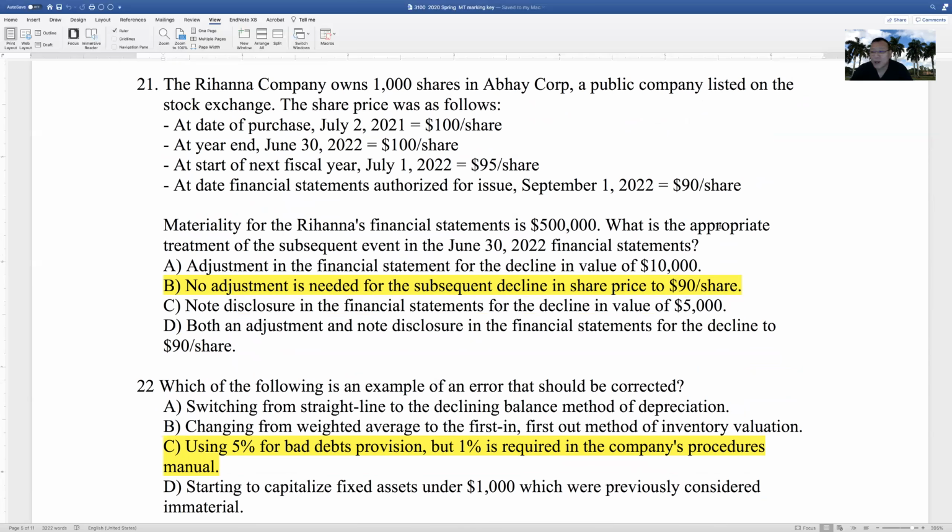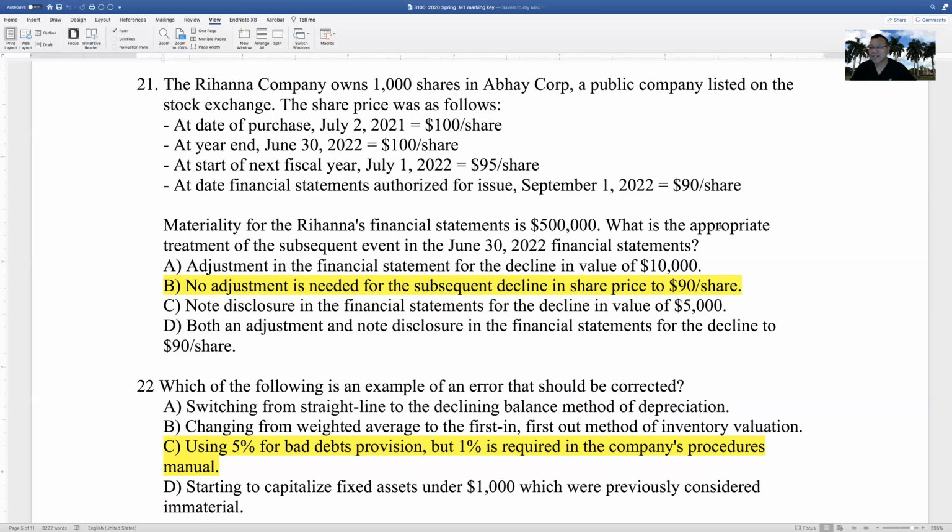Question 21. The Rihanna company owns 1,000 shares in Abihi Corporation, a public company listed on the stock exchange. The share price was as follows. At the date of purchase, the cost is $100 per share. At the year end, June 30th, 2022, the share price remains the same.